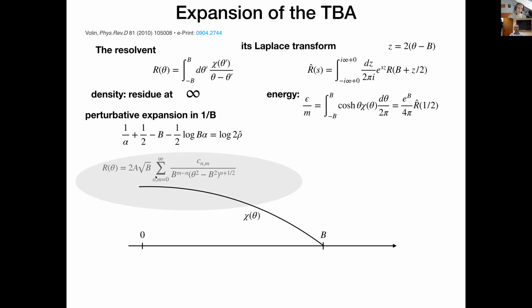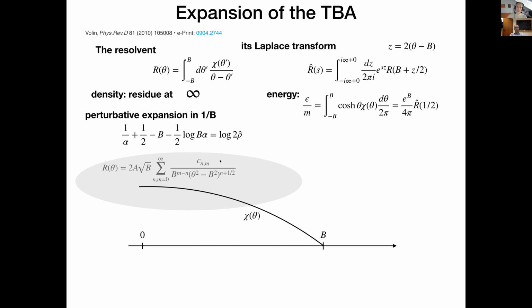So he made an ansatz in terms of a function which has this cut, the square root of theta squared minus b squared to some power, so it's exactly having this cut structure. And then for each function, additionally, a 1 over b expansion. And this b is related to h, and h going to infinity actually means b going to infinity. So we are expanding this quantity in 1 over b.